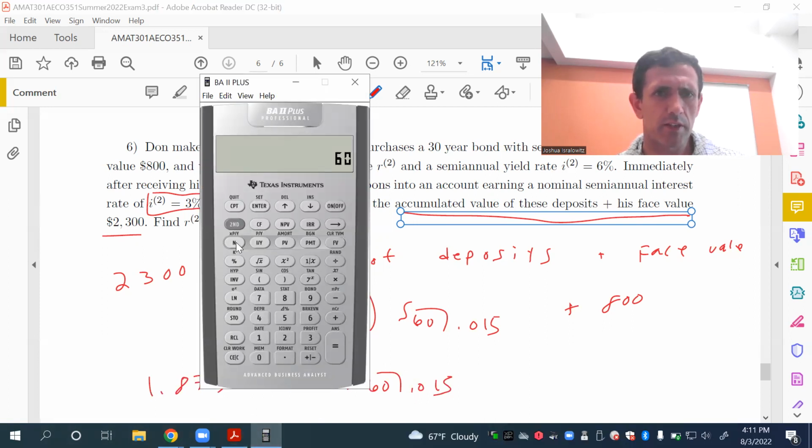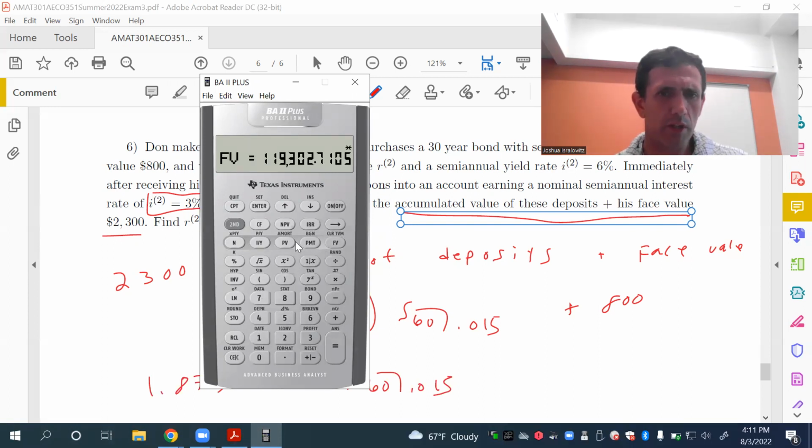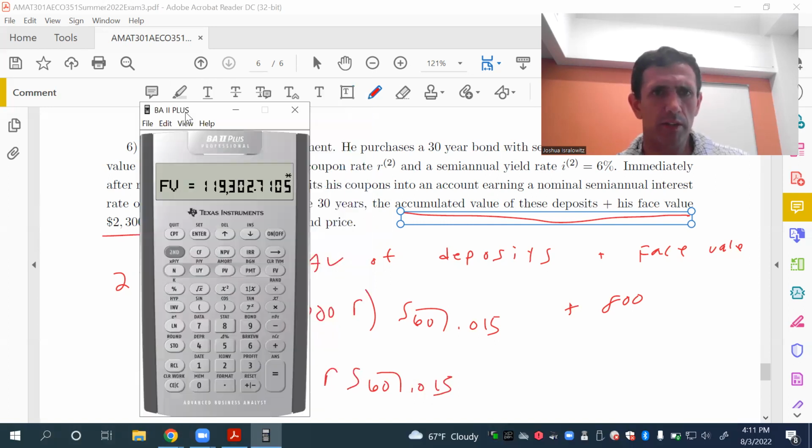60 N, 1.5 interest, 1 payment, compute future value. Yeah, I don't think I did clear TVM. I'll just do that. All right, so 60 N, 1.5 interest, 1 payment.